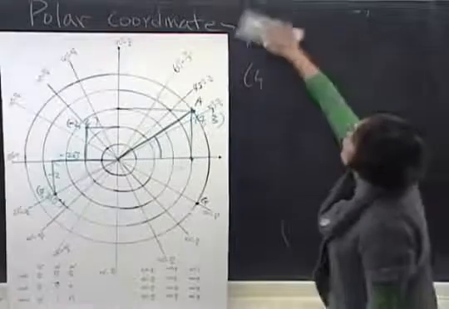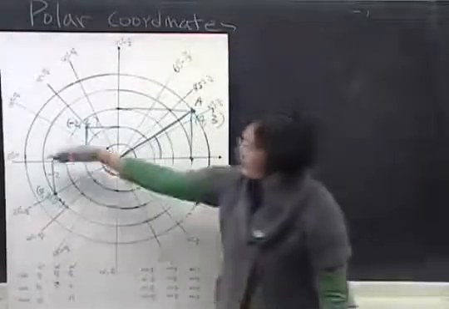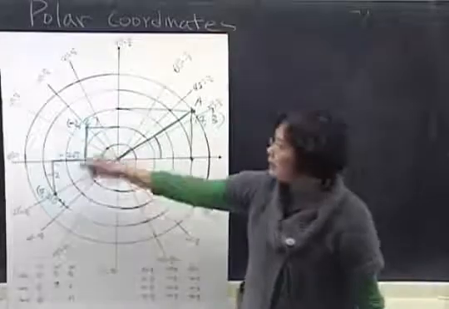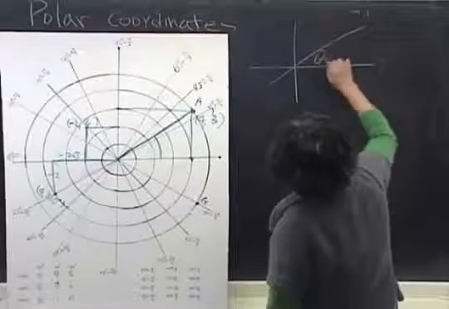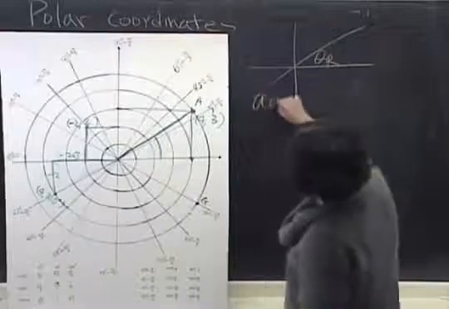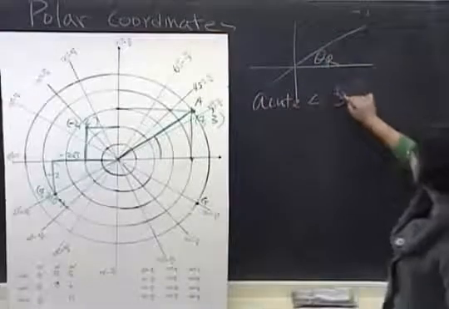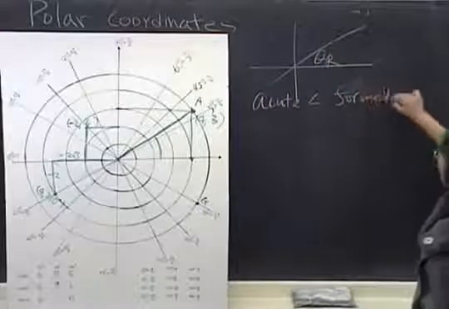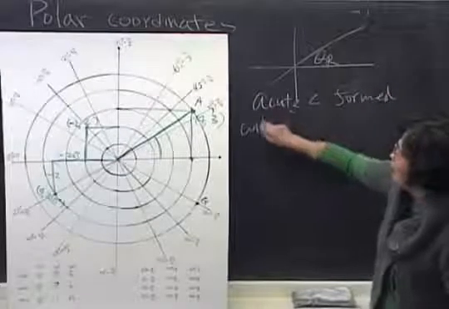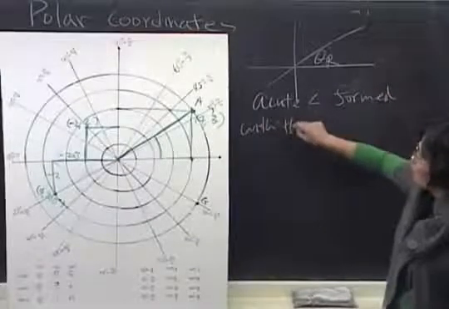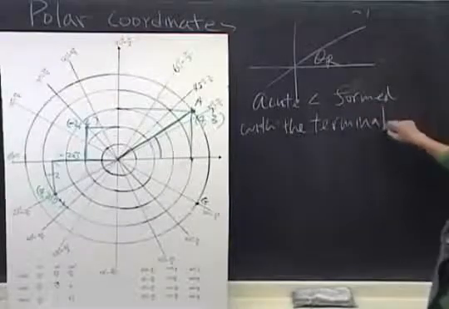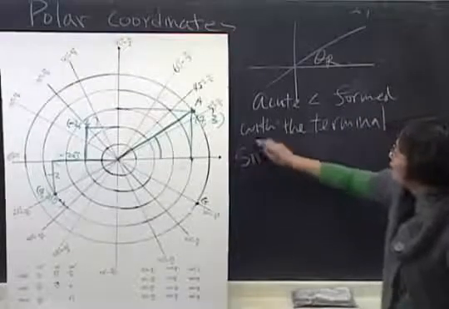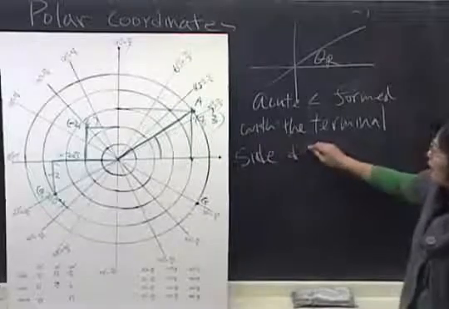Now, which quadrant? All the quadrants here are using reference angles. When we talk about the reference angle, it is the acute angle formed by the terminal side and the x-axis.